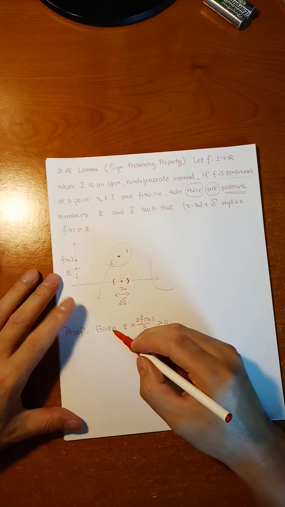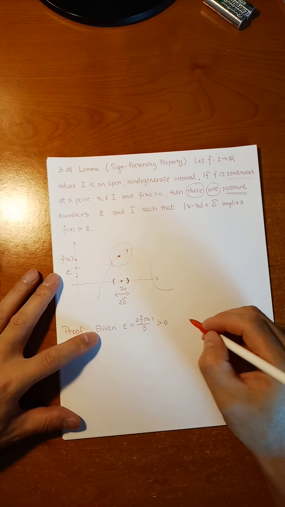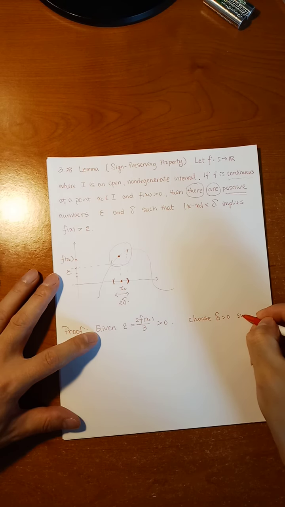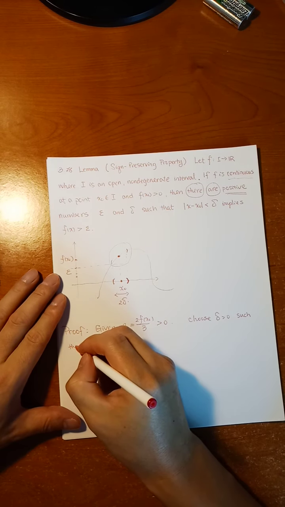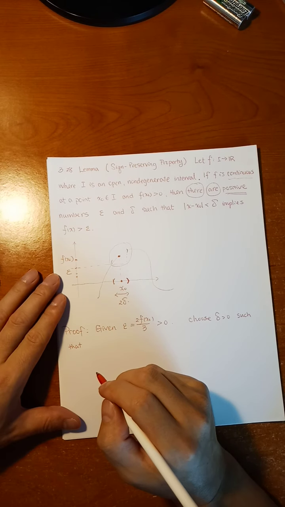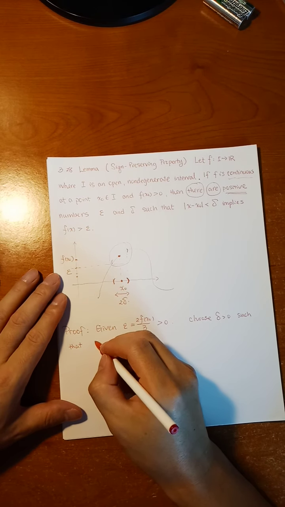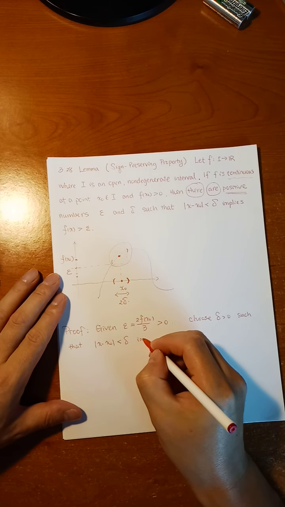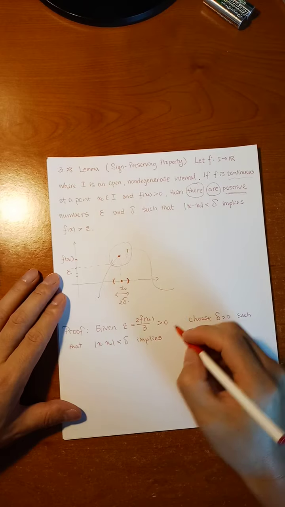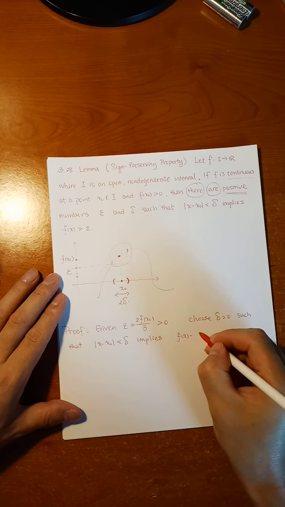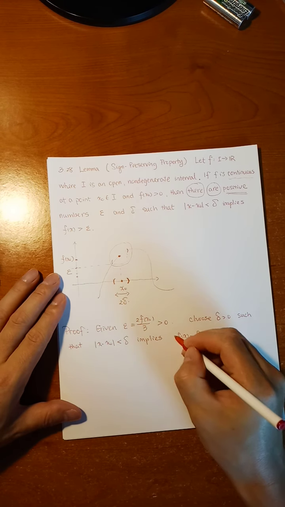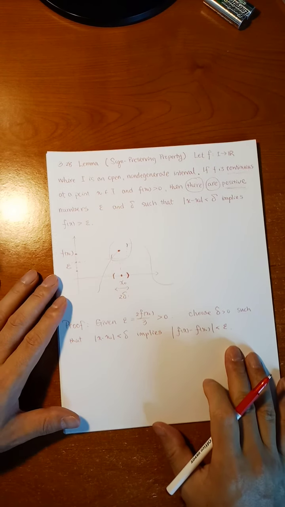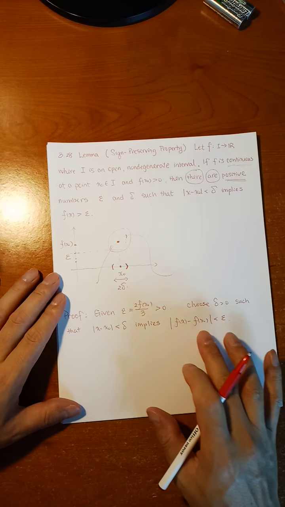Okay, then for this epsilon, you can choose delta greater than 0 such that whenever you have |x minus x0| less than delta, it implies |f(x) minus f(x0)| is less than epsilon, right? Well, let's see what this is.